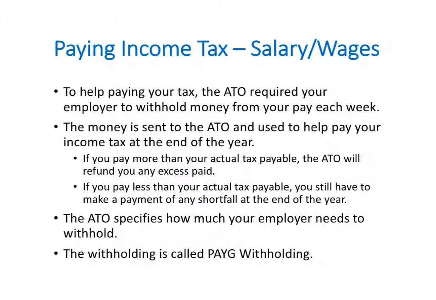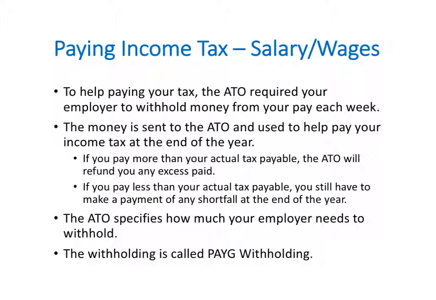So if you had tax payable of $10,000 and you had PAYG withholding sent during the year of $11,000, then you are going to have a refund payable from the tax office to you at the end of the year. If you haven't had enough paid for your pay as you go withholding during the year, then you will have to make another payment to the Australian Taxation Office, the ATO, at the end of the year.